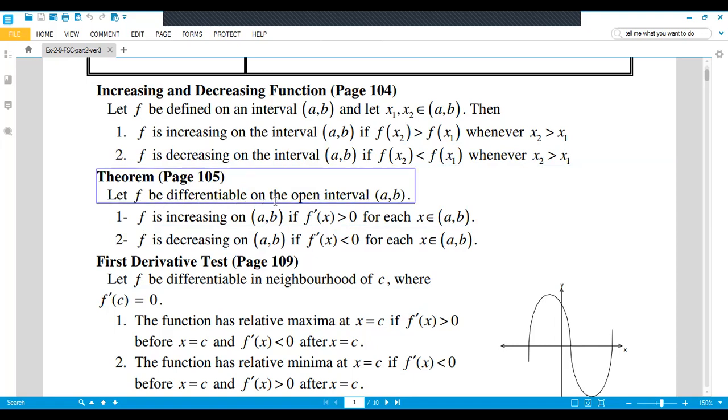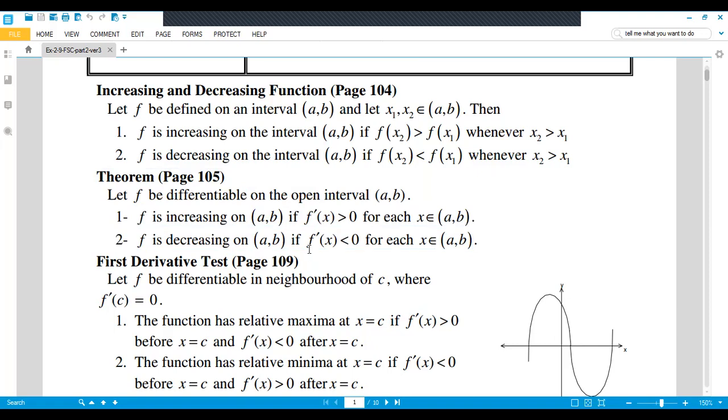Let f be differentiable on the open interval AB, meaning you differentiate with respect to the given variable. f is increasing on AB, the given interval, if its first derivative is greater than 0 for each x belonging to AB. If the first derivative is greater than 0 for all values, the function will be increasing on the given interval.